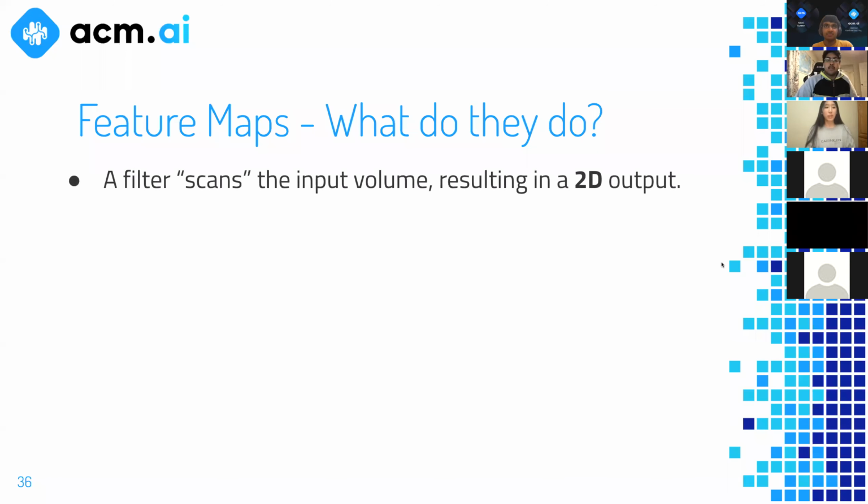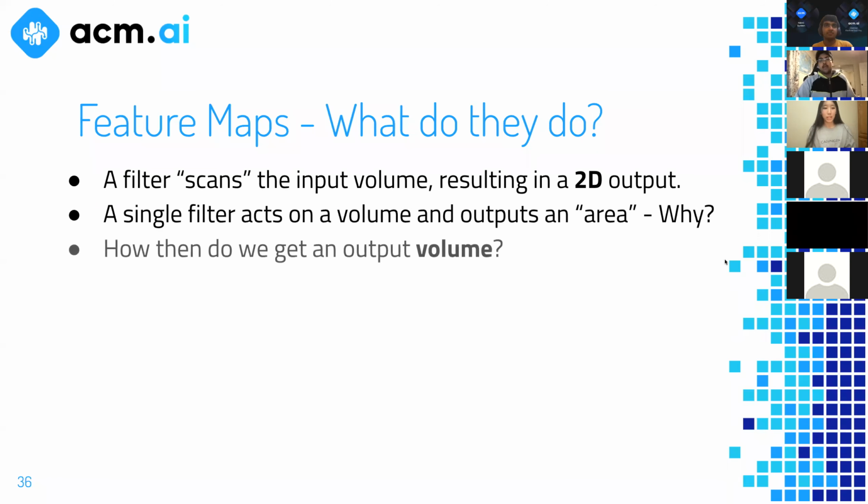All right, so now we're going to talk about feature maps, just a little review. Essentially, a feature map is the product of everything that the filter scans. The most important thing to remember is that every filter will produce one feature map, and that feature map is going to be a 2D output.